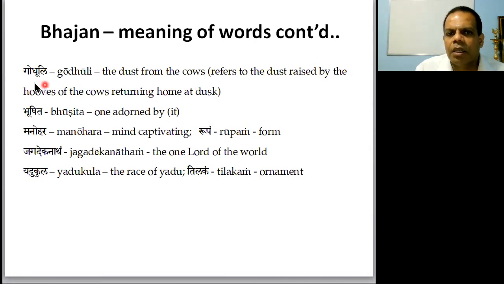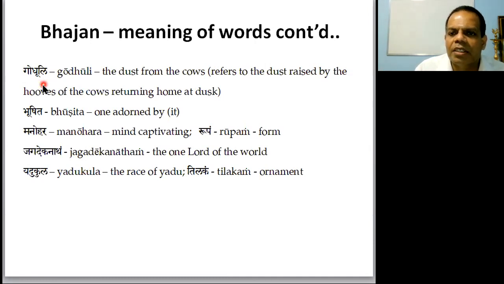Go means cows. Godhuli is the dust which comes from the cows. When they walk, they raise the dust. Pata Dhuli is also another word which gets used, because we like to collect the dust from the feet of the Guru or Lord. So that's called Pata Dhuli.